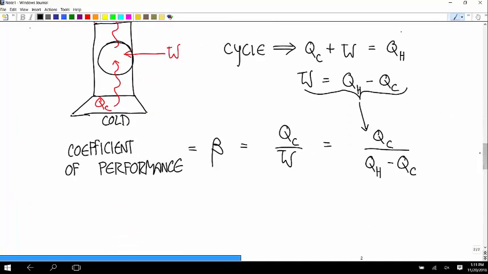But you can get bigger than 1 for the coefficient of performance for a refrigeration cycle, or, as we're going to see, for a heat pump cycle. It's not more obvious from this, but we'll see it when we go to the theoretical limits.